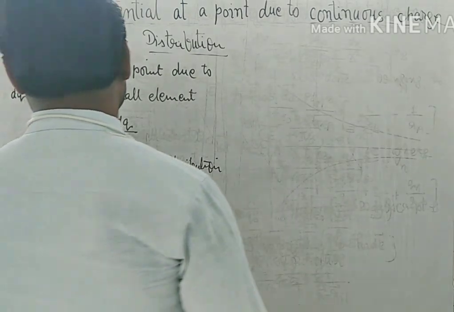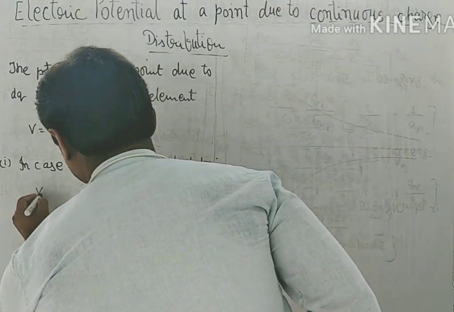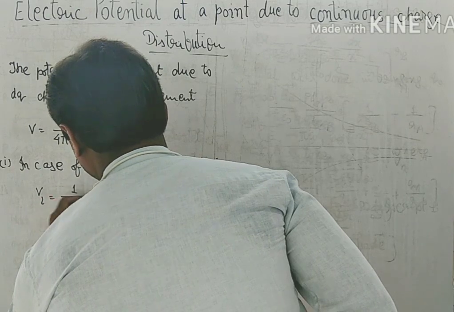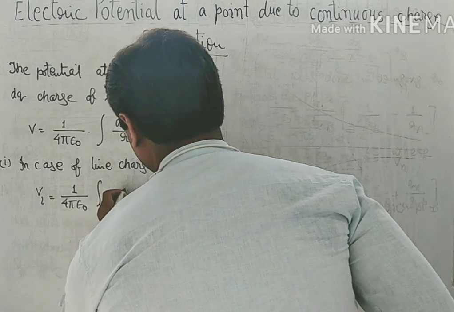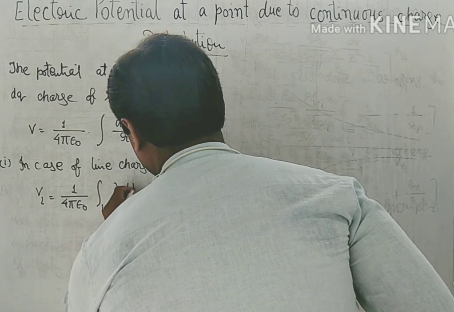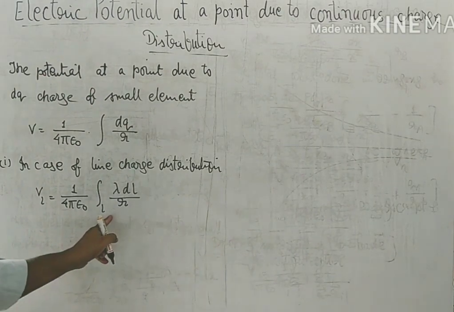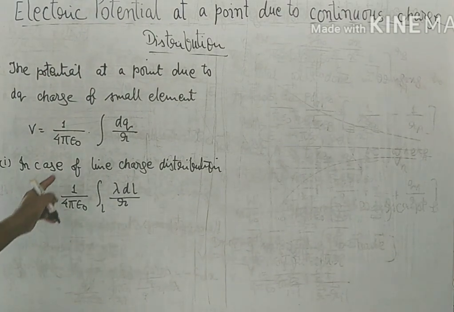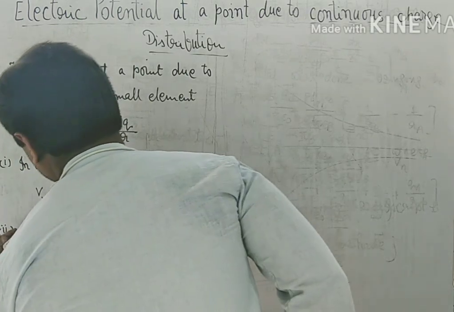So for that dq we can write lambda into dl. So directly I am writing VL equals 1 upon 4 pi epsilon naught integral over the whole length L of lambda dl upon R. So this will be the potential in case of line charge density or linear charge.